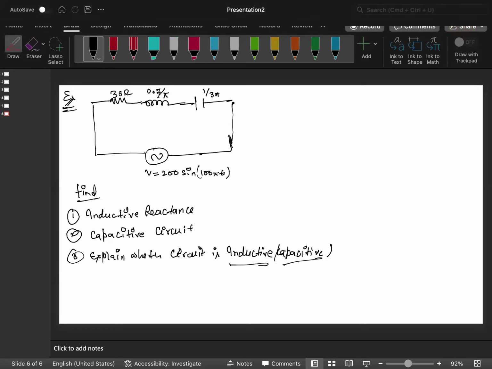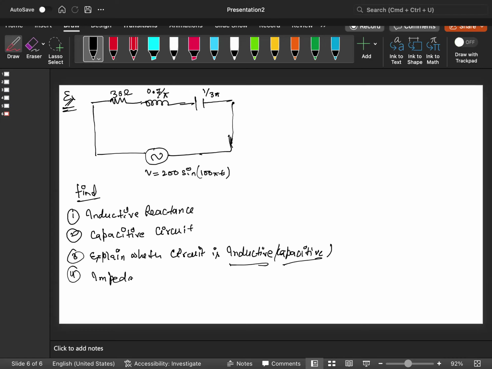I'll be writing more points. You can solve them. Fourth, you have to calculate impedance of the circuit. Fifth point, try to draw a phasor diagram.